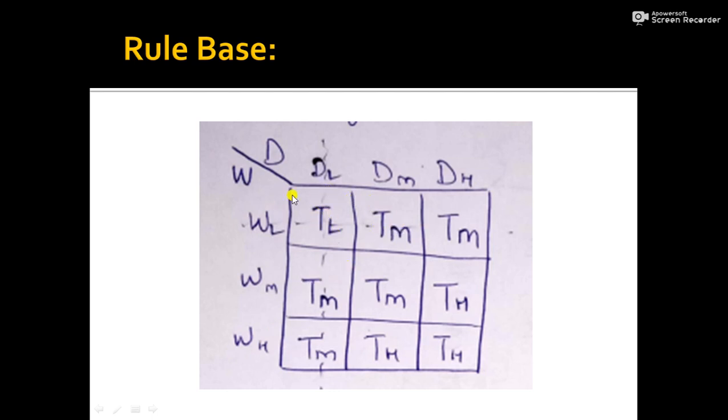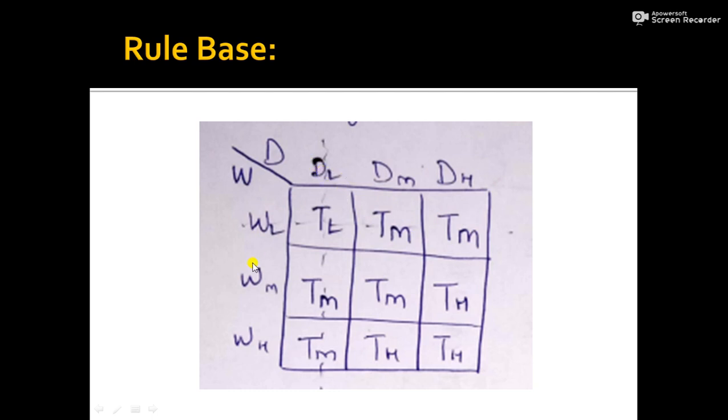The rule will state like this: if the dirt level is low and the weight of the cloth is low, then the time required for washing will be low. Similarly, if the dirt level is medium and the weight is low, then the time required will be medium. If the dirt level is high and the weight is low, the time required will be medium.